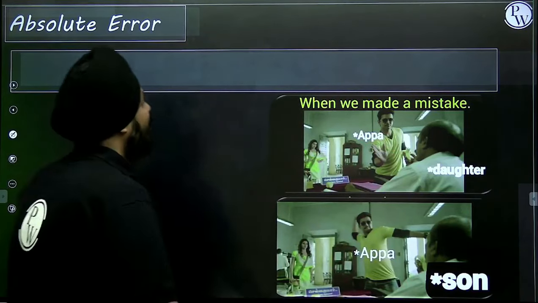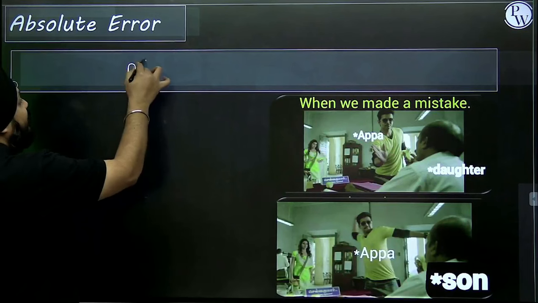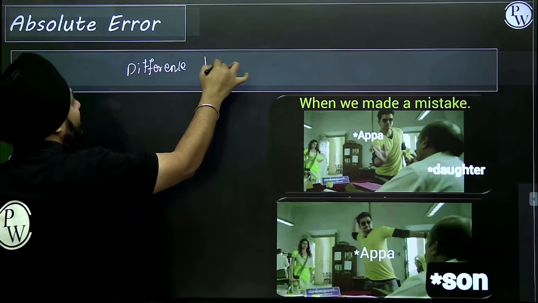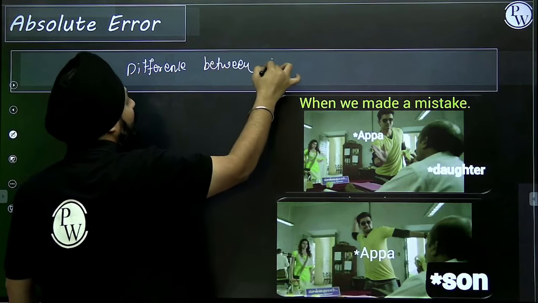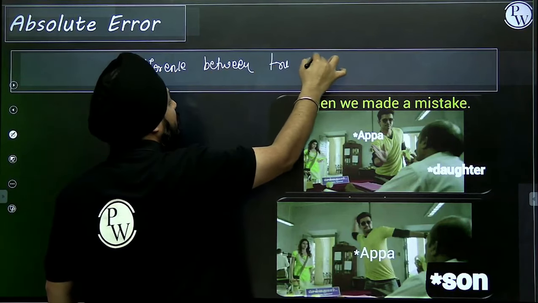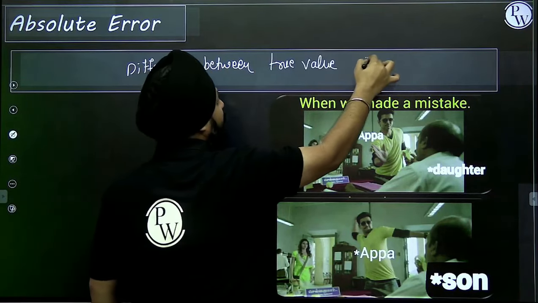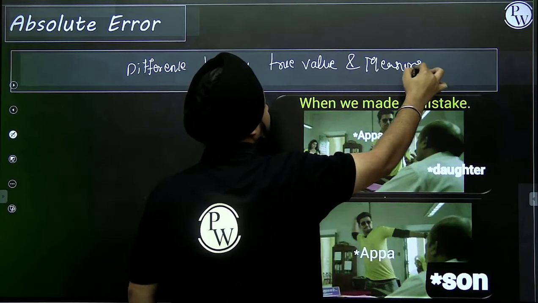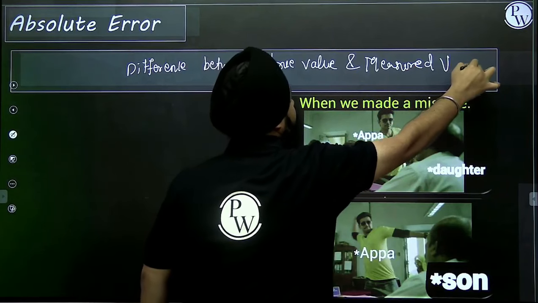The absolute difference between the true value and the measured value is an absolute error.